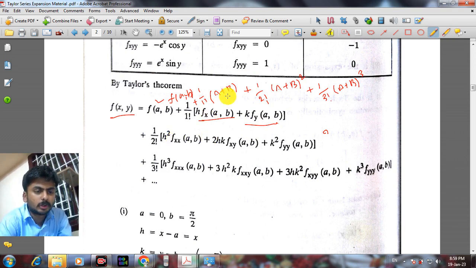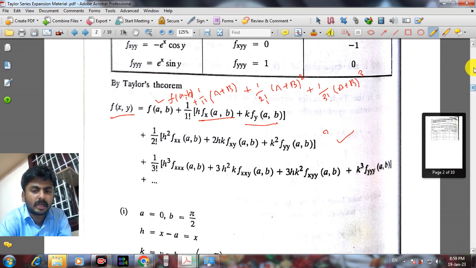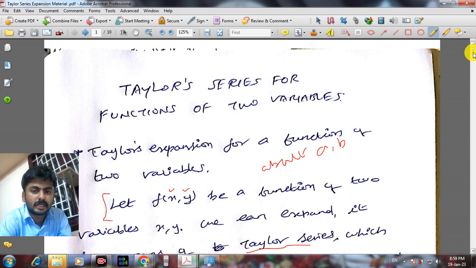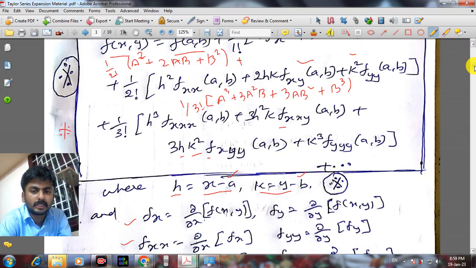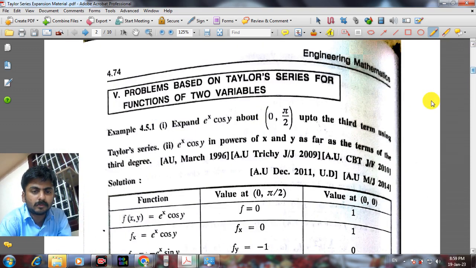So if you just remember this formula, you can easily remember the Taylor series expansion. Here in this problem, what is a? a is 0, b is pi by 2.